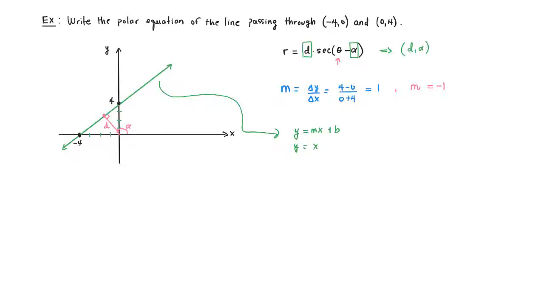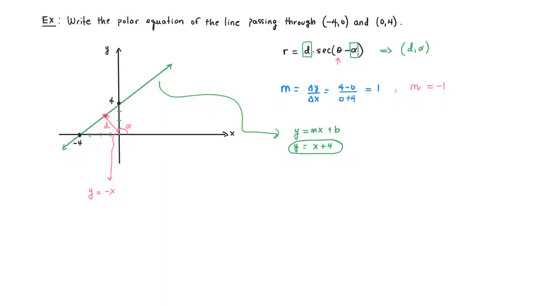That means that b is 4. So this line has equation y equals x plus 4. Now the pink line, this one right here, is going to have equation y equals -x. And this is because the slope is -1 and it passes through the origin. So b has to be equal to 0.